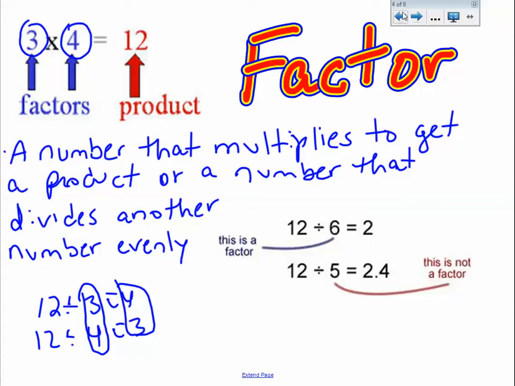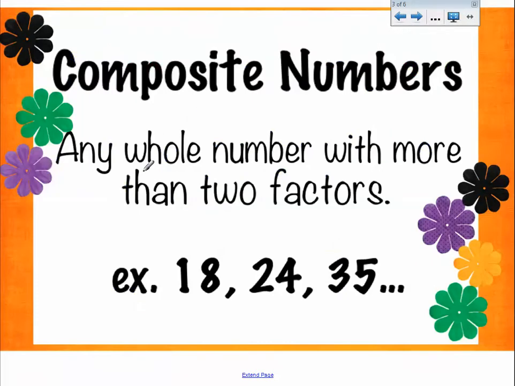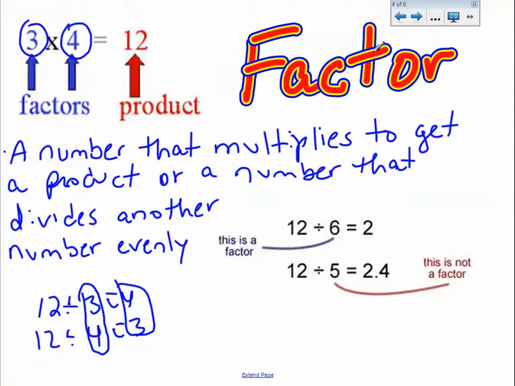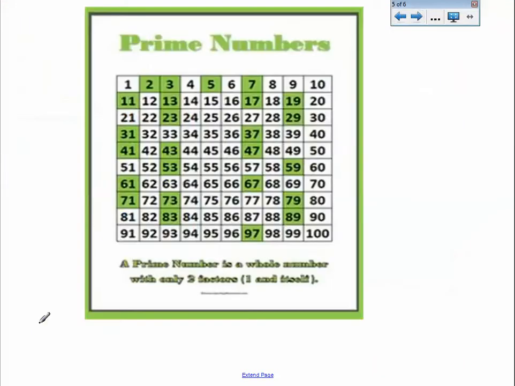So when we're saying factors, a composite number has more than two numbers that you could multiply together to get that number. So here are some examples of the prime and composite numbers. Now I don't expect you to remember all of these, but I do want you to be familiar with some of them. Now, 1 and 0 are neither.